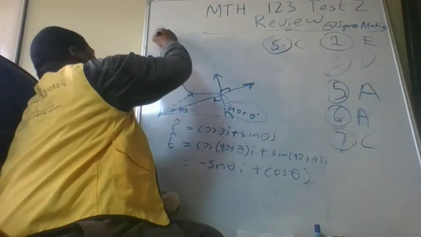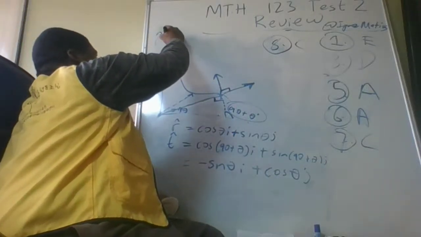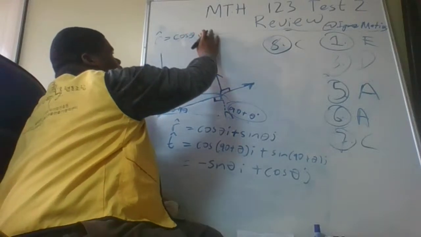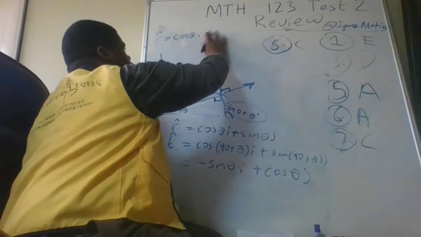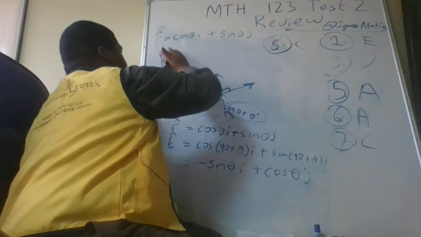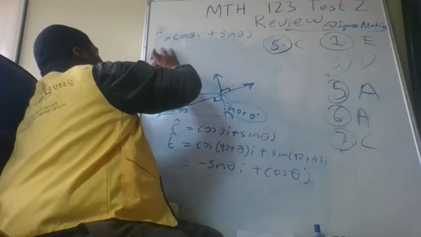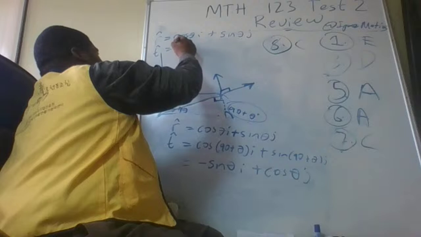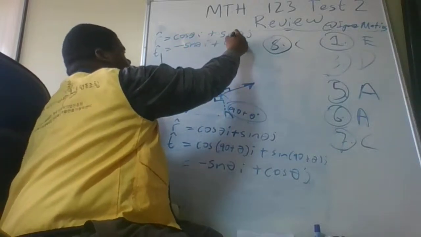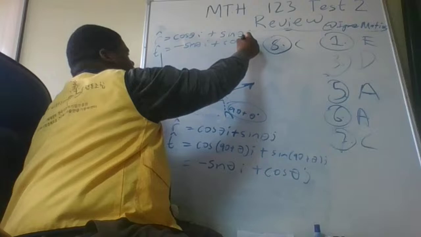Let me write that down up here. Radial component is going to equal cos theta i plus sine theta j. Transverse component is equal to minus sine theta i plus cos theta j.